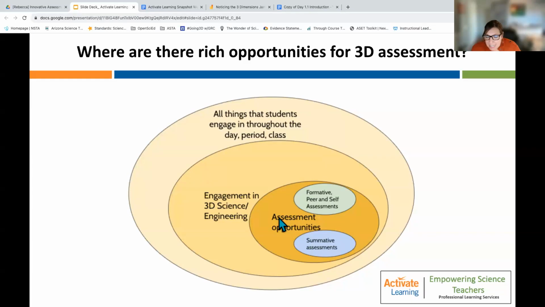The OpenSciEd assessments we're going to look at today are aligned and built into the instructional sequences in order to elicit the development of students' thinking and reasoning across all 3 dimensions. And they include lesson level assessments. So, for example, formative assessments and peer assessments and self-assessments. Those are already built in, as well as those larger transfer task summative assessments.